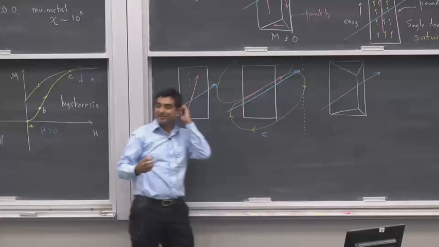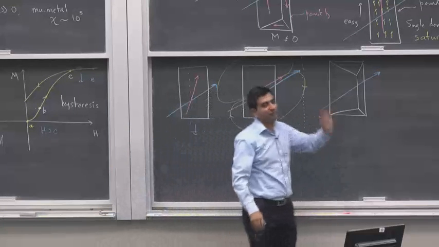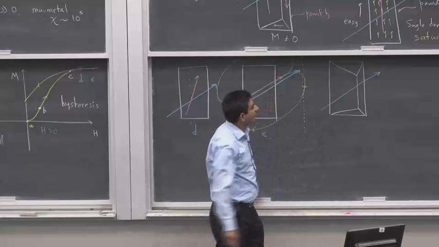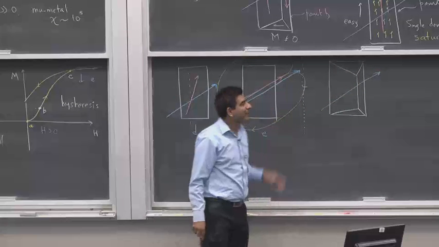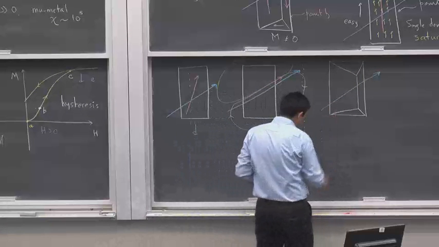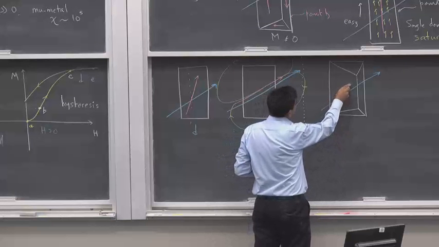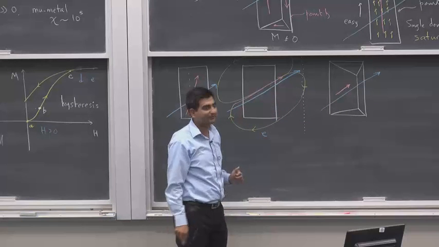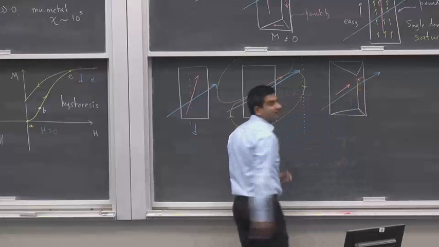But the system would like to lower its energy. So new domains are going to be formed. When these domains are formed, there will of course be closure domains, and the magnetostatic energy is going to decrease. So new domains are going to be formed and they will have the magnetization pointing in these directions. A new domain is going to be formed whose magnetization is going to point like this.